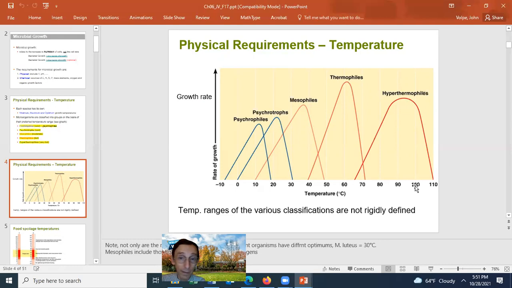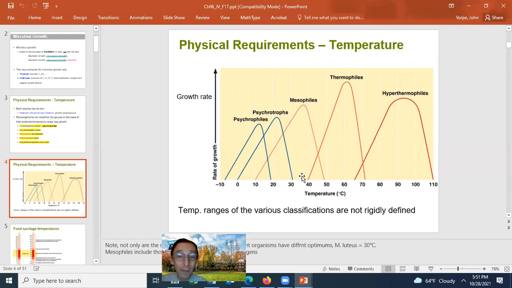Now, each organism has its own specific optimal temperature and the range which it can grow at. So these categories based on temperature are not ironclad, meaning there is some variance. Like a human pathogen grows best at 37 degrees Celsius, or at least most human pathogens, I should word it that way.